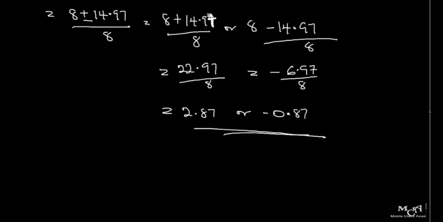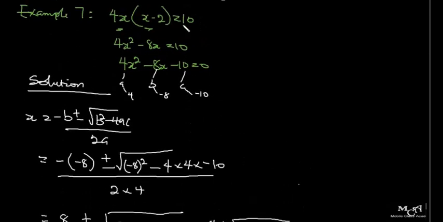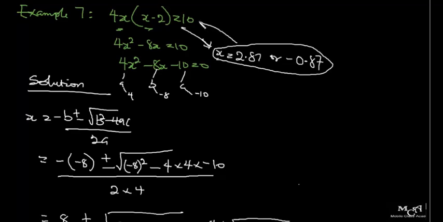So this is the solution to the expression we have up here. Example 7 will produce x equals 2.87 or negative 0.87.